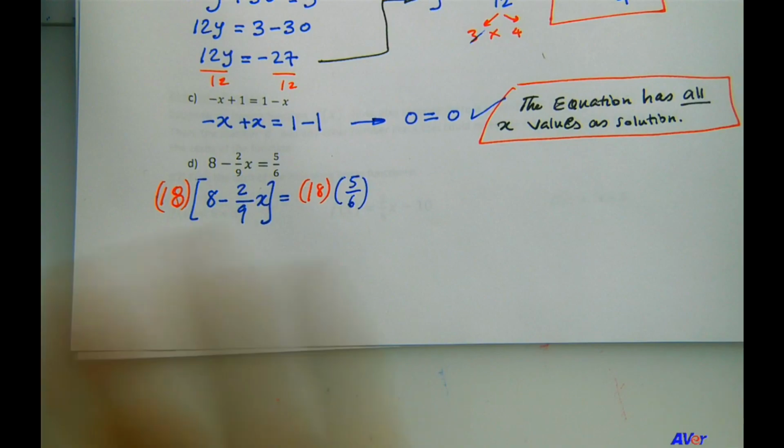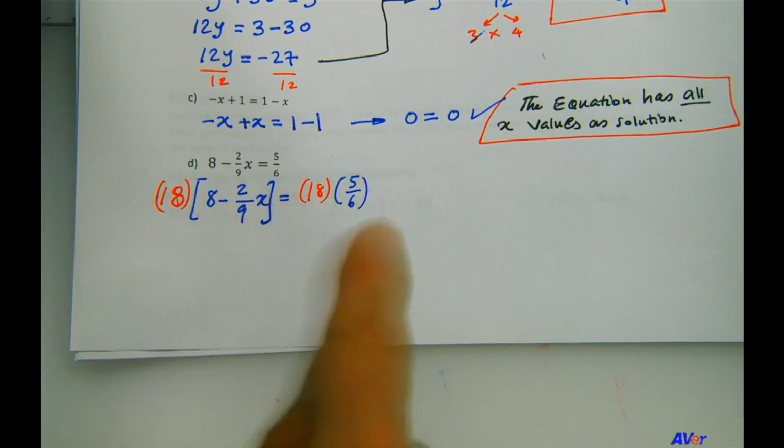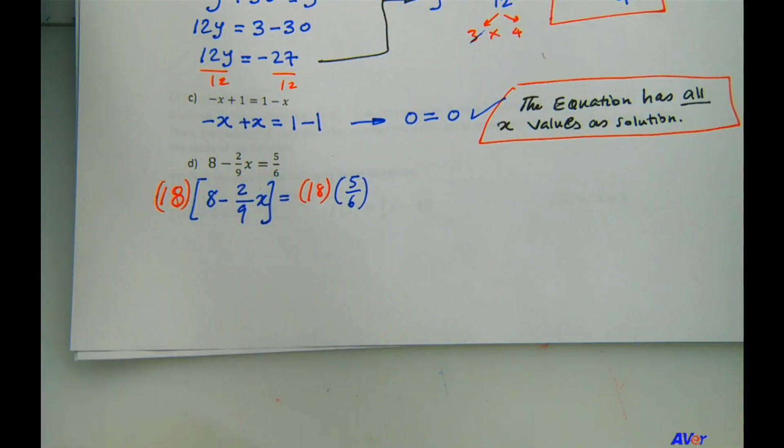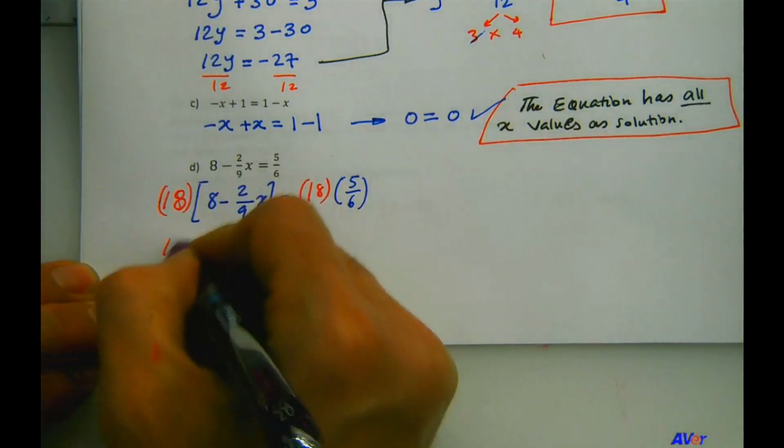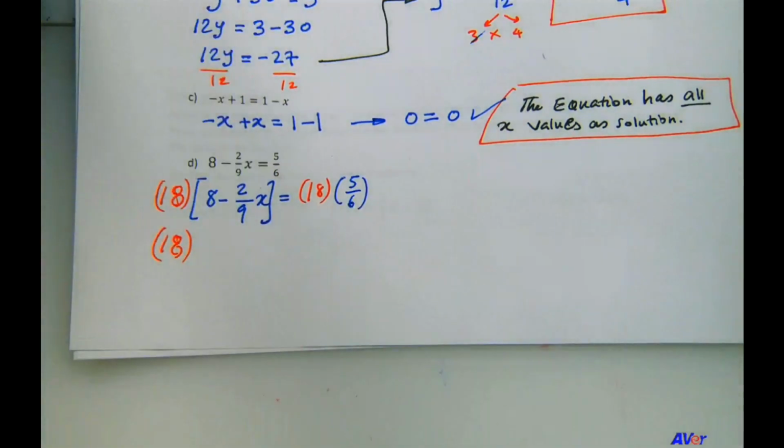Okay? So what I'm asking you to do next is not distribute and simplify at the same time, but first distribute the 18, then simplify it. So break that into 2 steps. Okay, so this is how I would suggest that you do it.